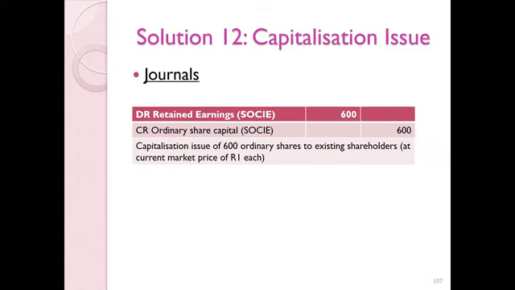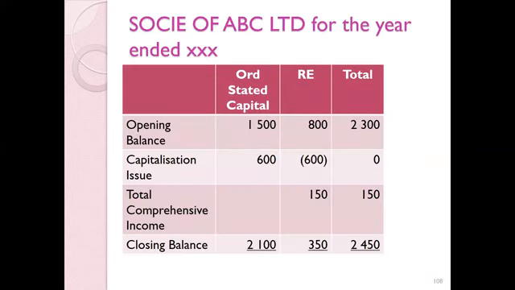By crediting our ordinary share capital, are we increasing or decreasing it? We are increasing our ordinary share capital, and we expect to see this coming through in our statements of change in equity. We want to see an increase in ordinary share capital and a decrease in retained earnings of R600. So here is a visual representation of our statement of change in equity, our capitalization issue.